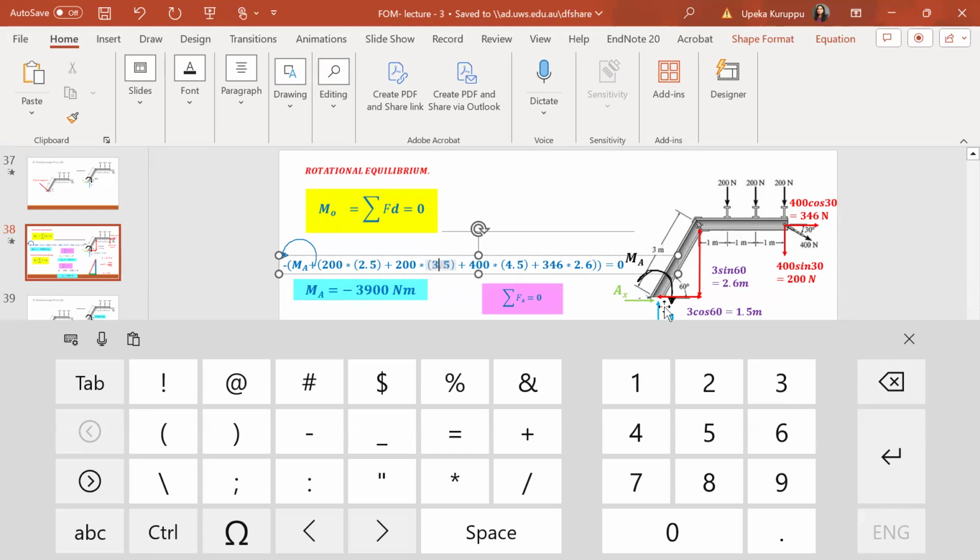It should be 3,900 if this is 200 times 2.5 plus 200 times 3.5 plus 400 times 4.5 plus 346 times 2.6. Yes, 3,899.6. So that's why I put it as 3,900.